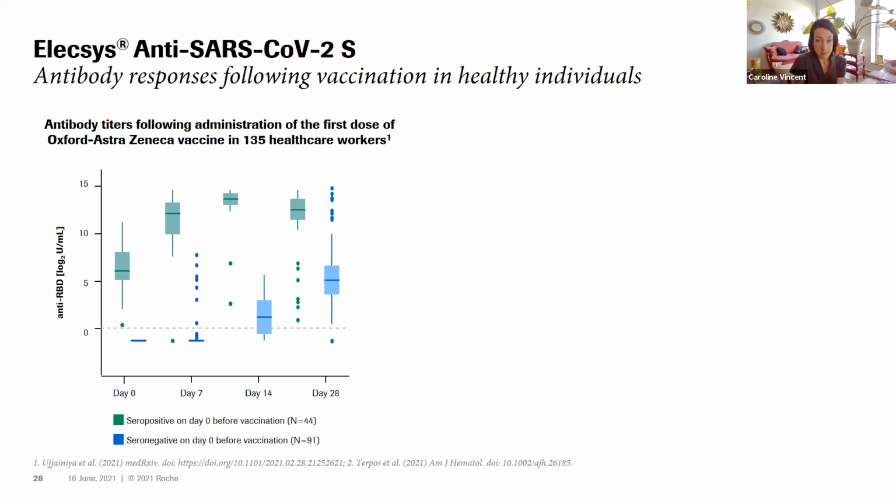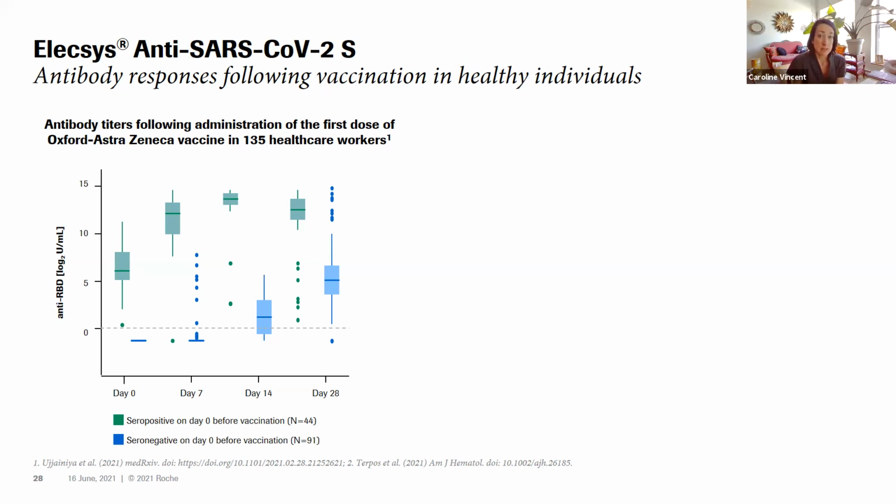In the seronegative group, we see that the majority of individuals did not have any measurable antibody response at 7 days after receiving their first dose. Rather, the antibody levels started to increase at 14 days post-reception of the first dose, but there were still 3 individuals who had not developed any measurable antibody response after 28 days in this group.